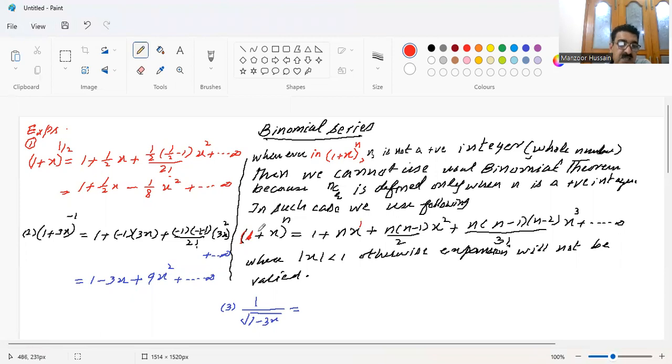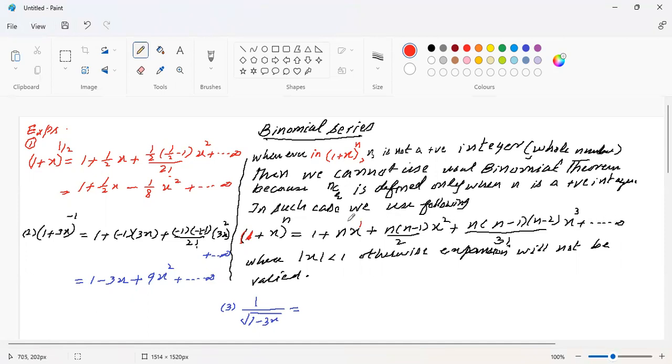I'm repeating. The first term is always 1 and the second term is always the product of n and x. Then the third term will be n times n minus 1 by 2 factorial. And the fourth term is n multiplied by n minus 1, as it is, and then we write n minus 2, whole divided by 3 factorial, and write x cube, and so on.